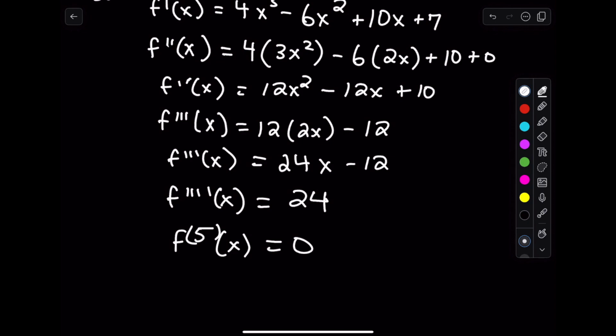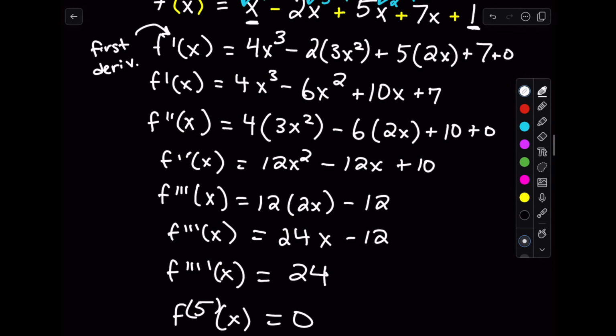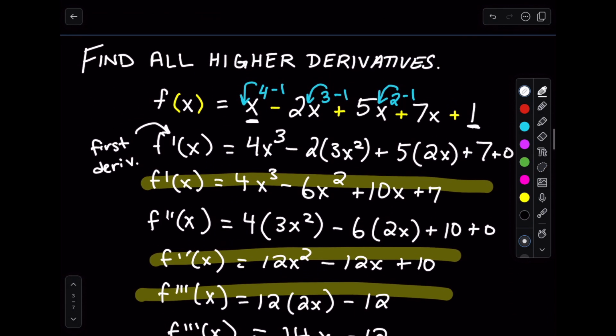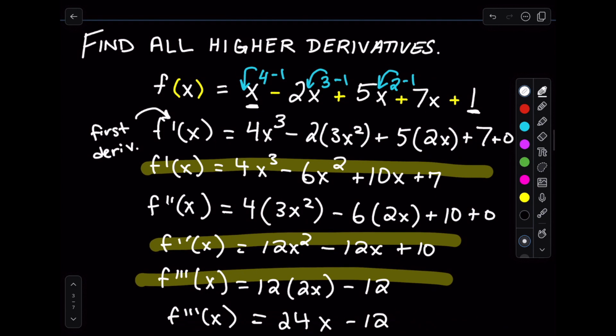Really quick, there's a way that we can check our work with these types of problems, and it's this theorem, which says if p of x is a polynomial of degree n, then the (n plus 1)th derivative of x equals 0. So what that simply means is, if we look at the original problem statement, the original f of x, we notice that the highest exponent is 4.